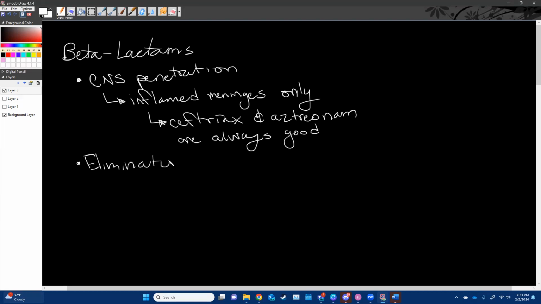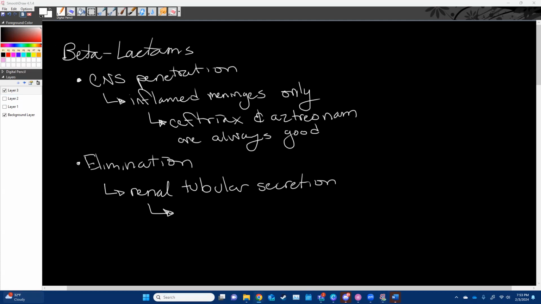In terms of elimination, primarily we're talking about renal tubular secretion. What's one of the complications if you have a renally excreted drug?